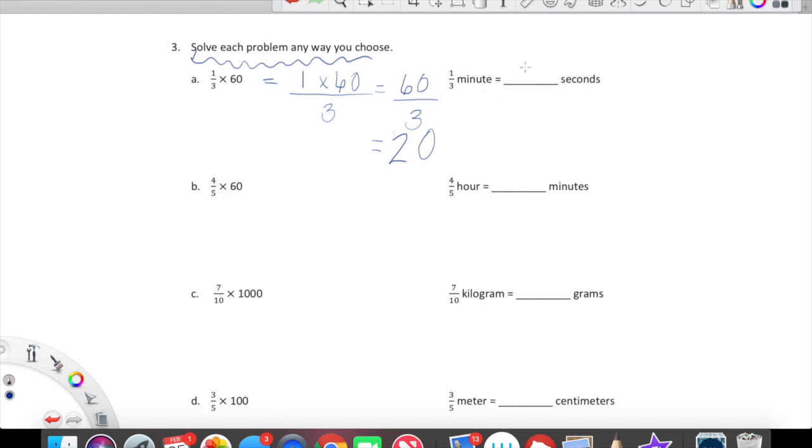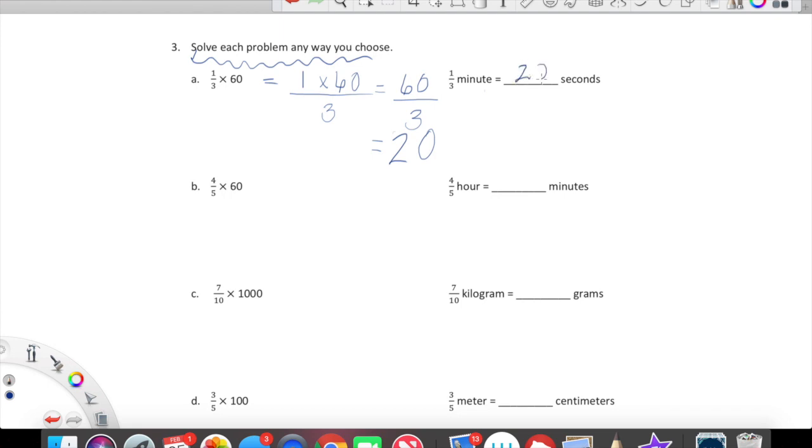1/3 of a minute equals 20 seconds. 1/3 of 60, yeah, that's right.